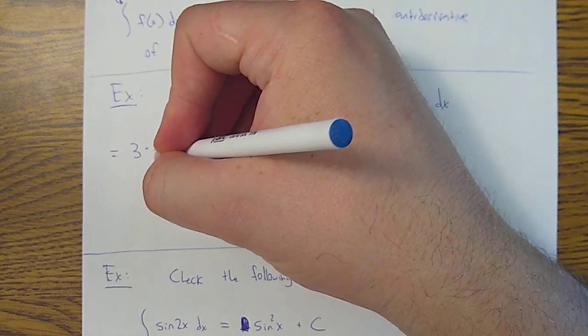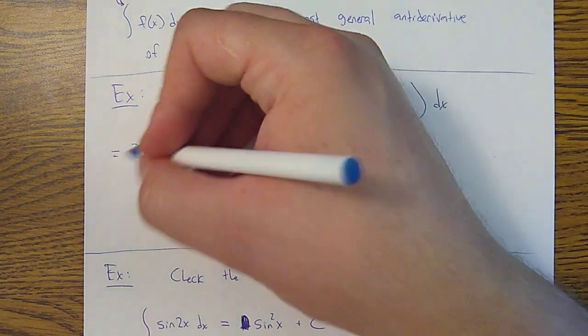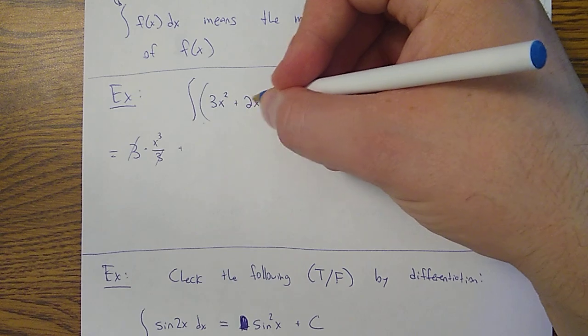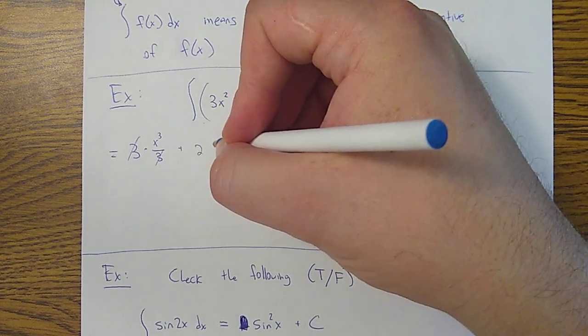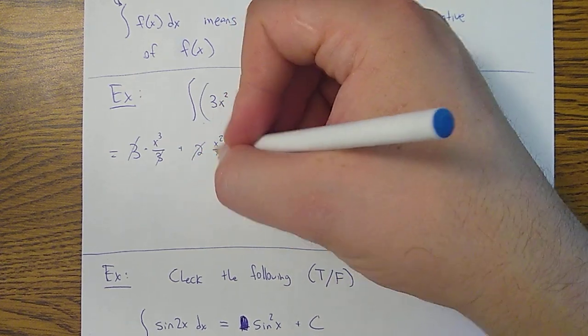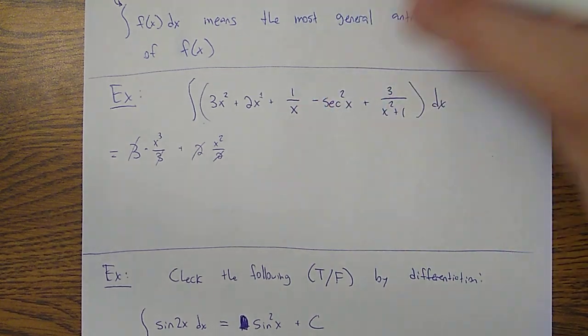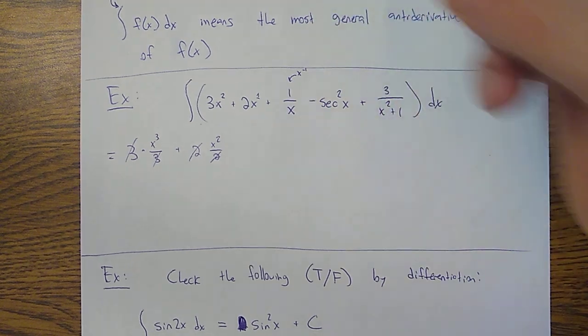What you do is you increase the power by 1, and then you divide by that new power. So of course the 3's cancel. I can do that right now. Here I can do the same thing, because of course this is x to the 1. The 2's cancel. This is 1 over x, which is the same as x to the minus 1, right?